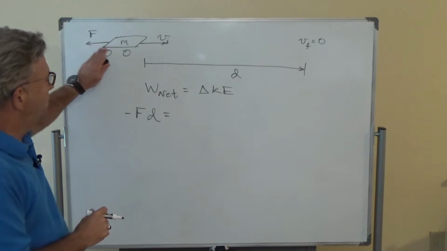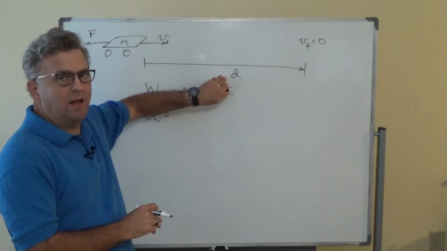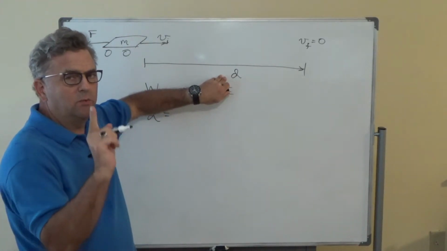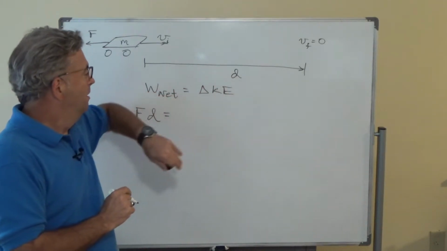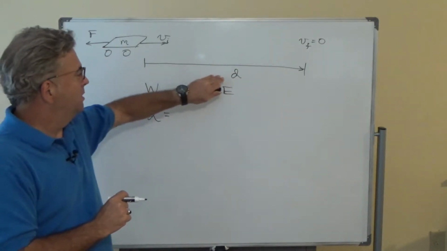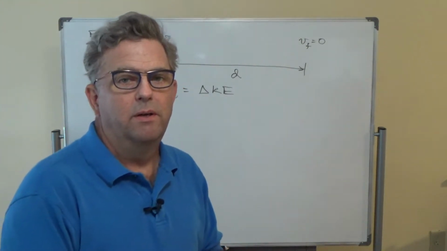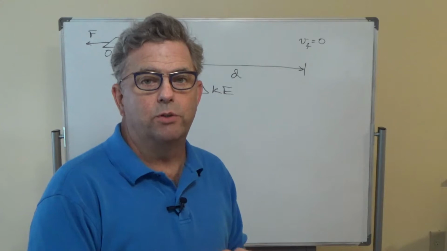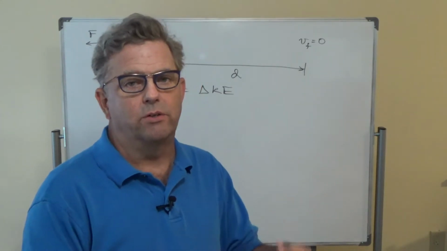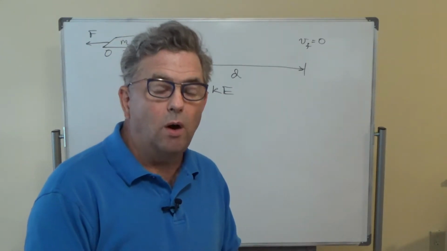Because the force and the displacement, I'm just calling it little d, we're in one dimension, the force vector and the displacement vector are in the opposite direction. The angle between those two is 180 degrees. The cosine of 180 is -1.